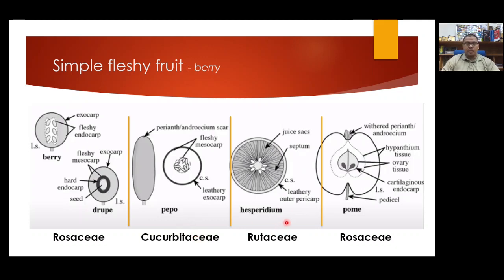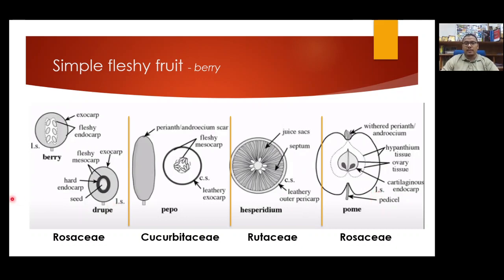The hesperidium is basically the oranges, the family Rutaceae. The pome is in a specific genus, the genus Malus, the apple genus, in the family Rosaceae. And the drupe is very common in the Rosaceae also, in many other genera except for Malus.